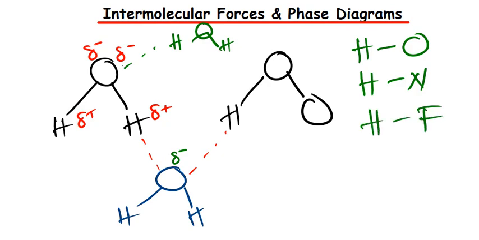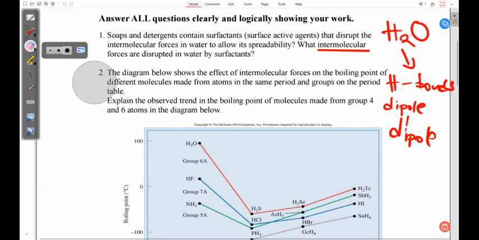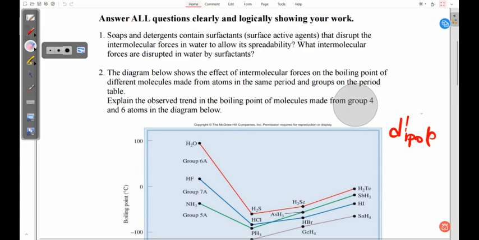So in this case, these are going to be special hydrogen bonds. I think you get the answer now, right? Therefore, what intermolecular forces are disrupted in water by surfactants? The simple basic answer is hydrogen bonds, and in general dipole to dipole interactions.